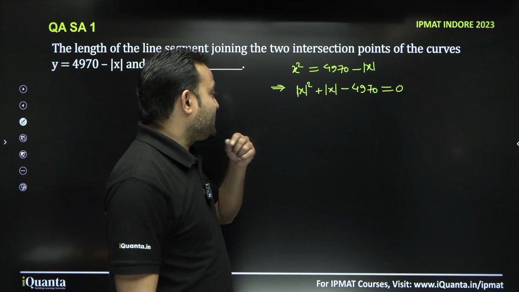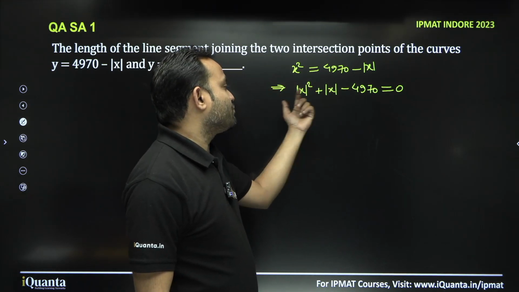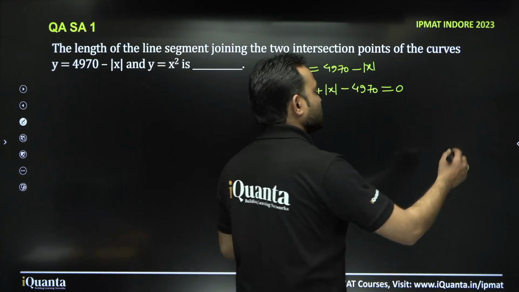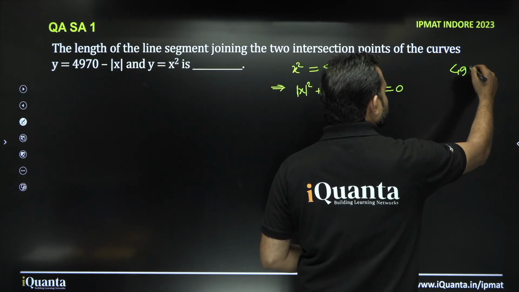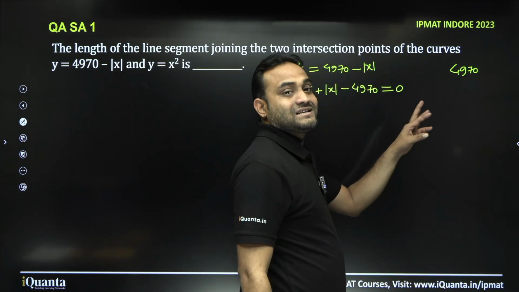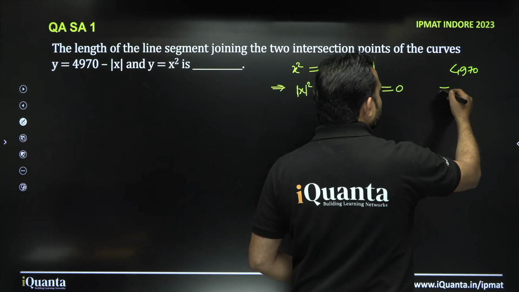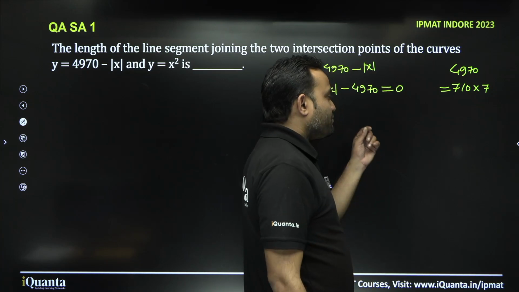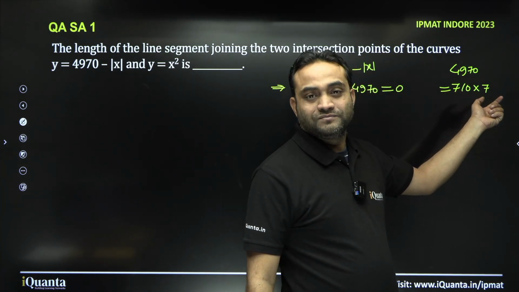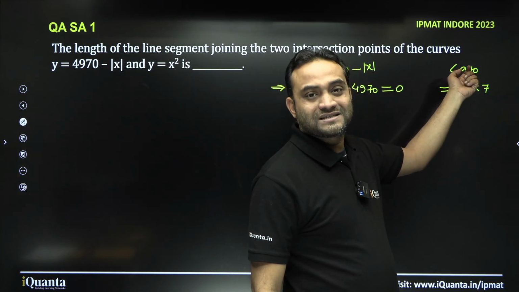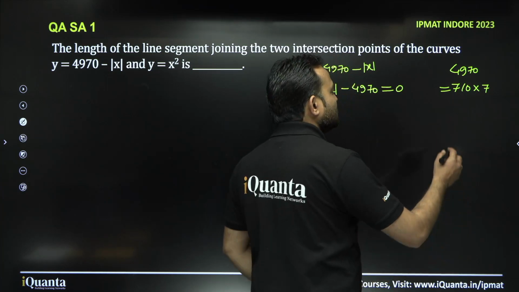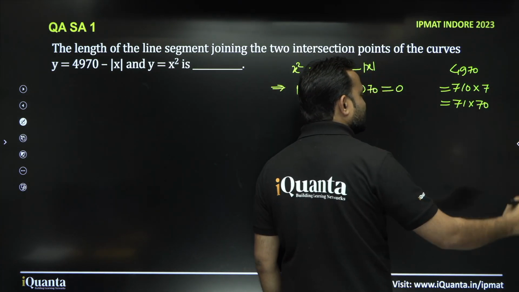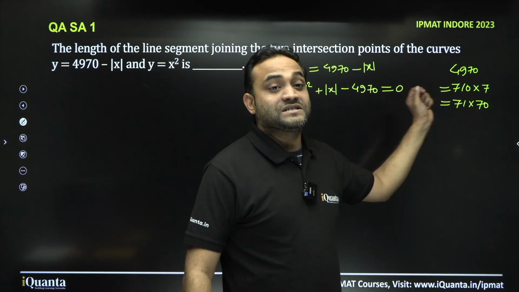Now we need to split 1 into 2 parts such that the product is 4970. Now what is 4970? Very easily it's visible that this number is a multiple of 7. So I can write it as 710 into 7. Now I need to write these two numbers such that the product is 4970 and the difference is 1. So you can see that if I write it like 71 into 70, the difference is 1.